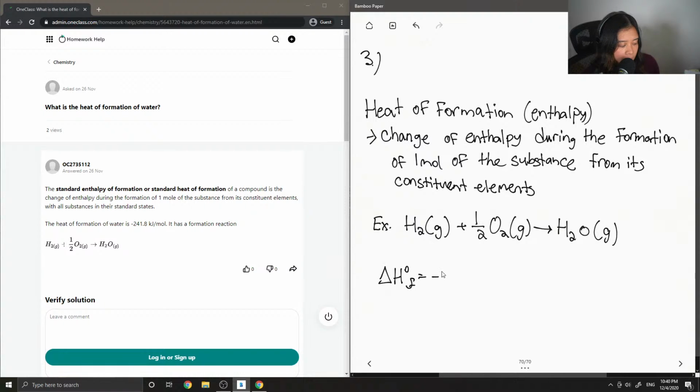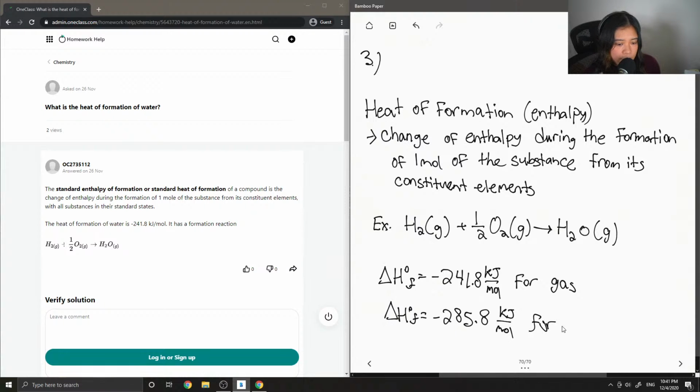The first one is negative 241.8 kilojoules per mole, and this is for H2O gas. The second one is negative 285.8 kilojoules per mole, and this is for liquid water.